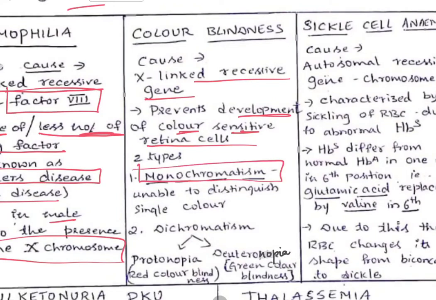If a person is unable to distinguish a single color, then it is known as monochromatism. And the second one is dichromatism, and it is of two types. The first one is red color blindness or protanopia. Here the individual can see grey instead of red. The second one is deuteranopia or green color blindness. Here the individual can see grey instead of green.